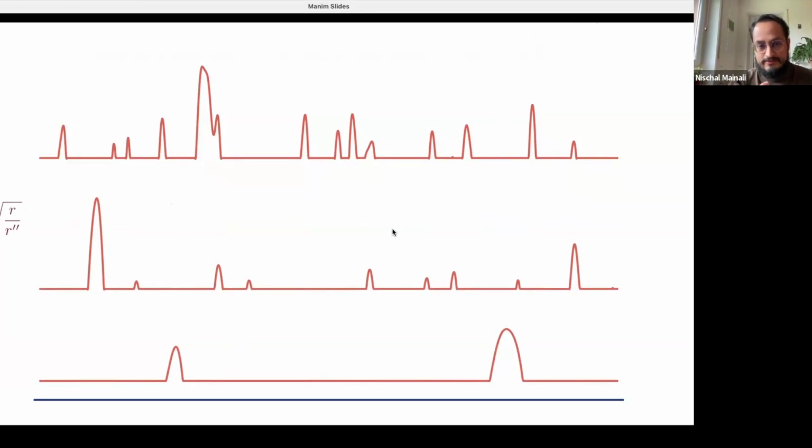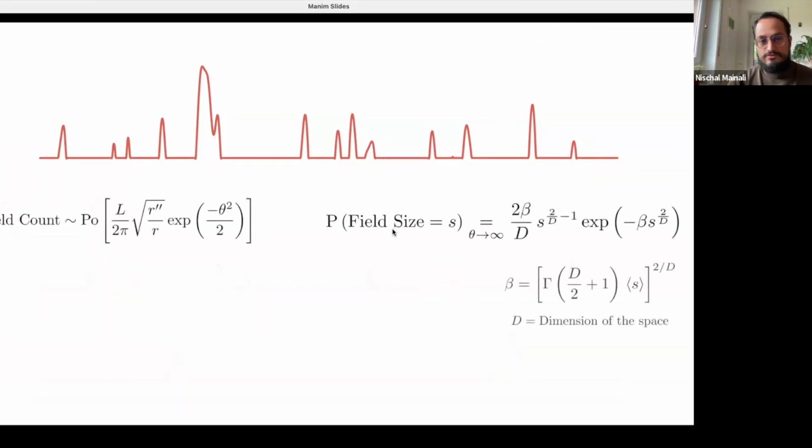Once we do this setup, we can now start studying the model analytically and mathematically. And there are various tools for it. So firstly, these components, the individual firing fields themselves, in the literature on Gaussian processes are called excursion sets. So basically, these are parts of the process that go on an excursion above the threshold and come back.